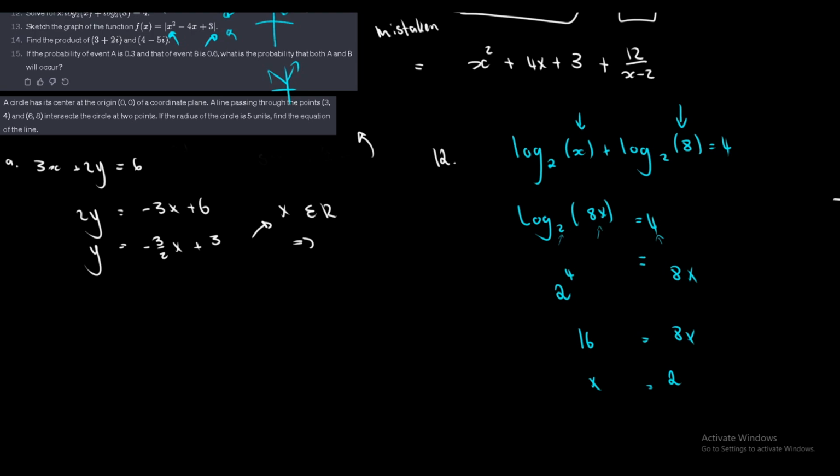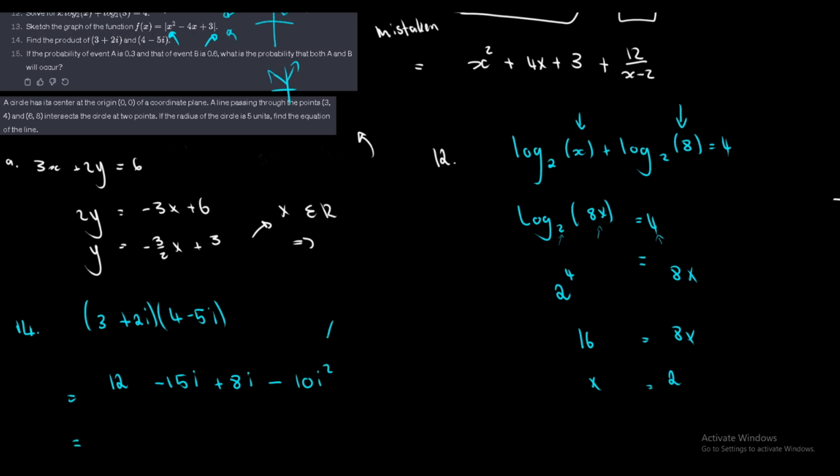Okay, find the product of 3 plus 2i and the other complex number. We're working with some complex numbers now. When they say find the product, they just mean to multiply these two values. Okay, so we're going to have 3 times 4, which is 12. Negative 15i plus 8i minus 10i squared.